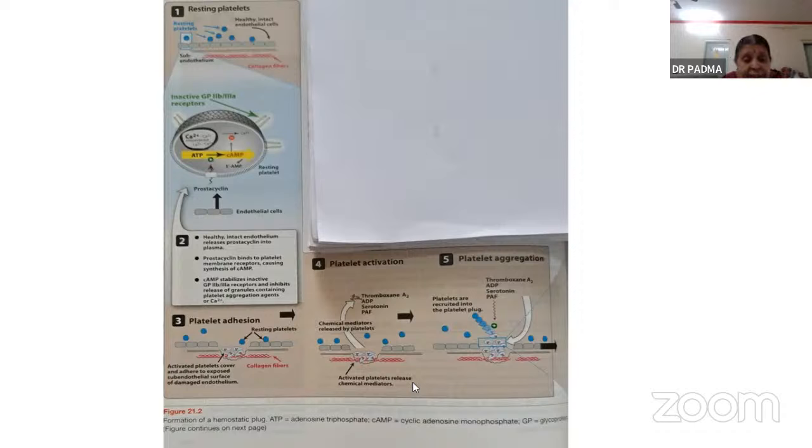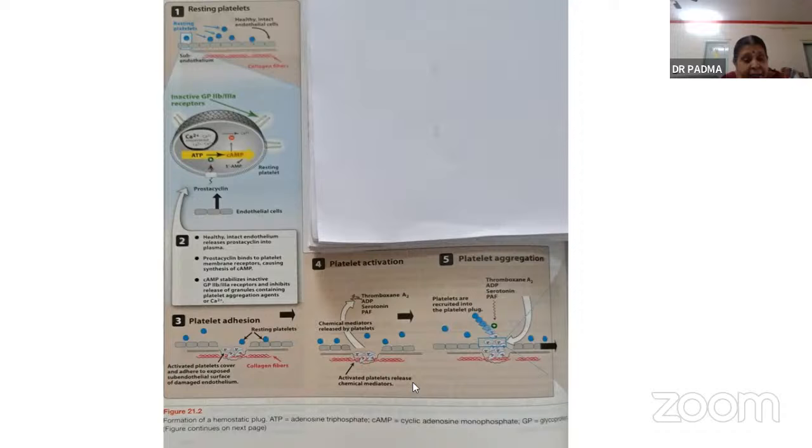So these healthy intact endothelium releases prostacyclin into the plasma, which is an anti-aggregatory mechanism. Prostacyclin binds the platelet membrane receptors, causing synthesis of cyclic AMP, and cyclic AMP stabilizes these receptors and inhibits the release of granules containing platelet aggregation agents or calcium.